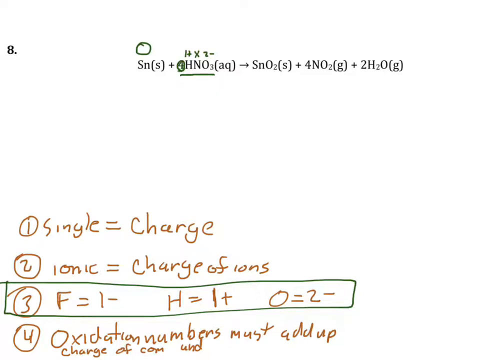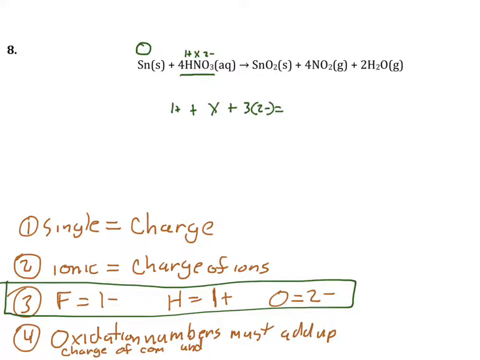Instead, we can just pretend it's not there when we are solving for X. We know that hydrogen's a 1 positive, plus we don't know what X is, plus there's 3 oxygens and each one's a 2 negative.